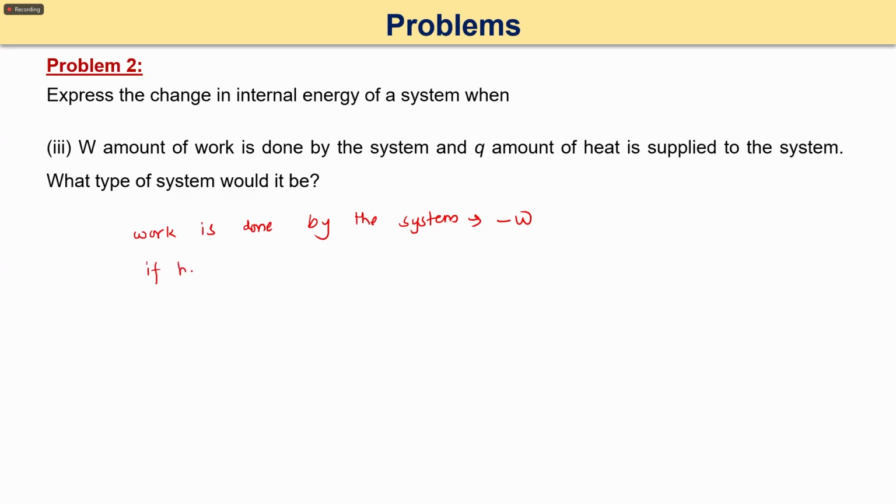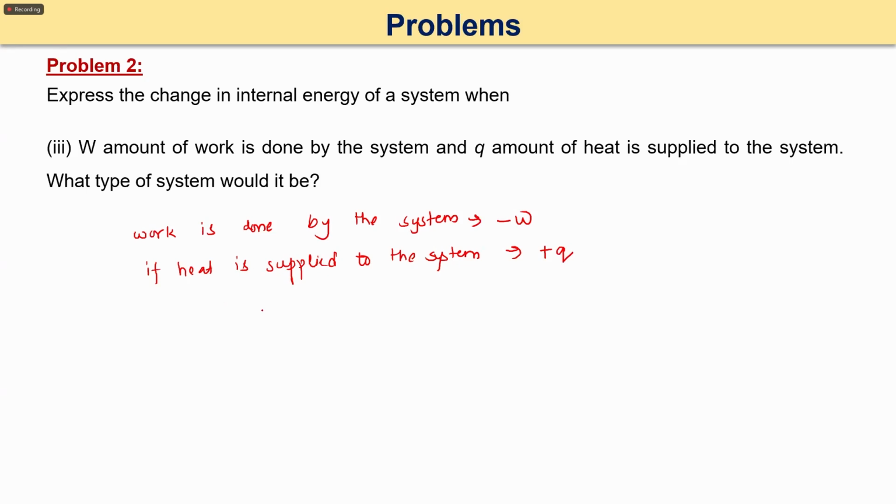So if heat is supplied to the system, then what will become? Plus of Q, because in case heat was taken out from the system, then it was minus of Q. And here if it is added to the system, then it will be plus of Q.